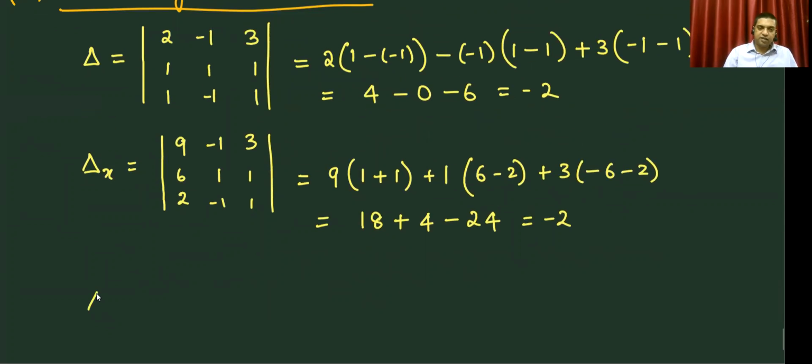What is delta y? Replace in delta the coefficients of y by the constants. So you have 2, 1, 1, 9, 6, 2, 3, 1, 1.